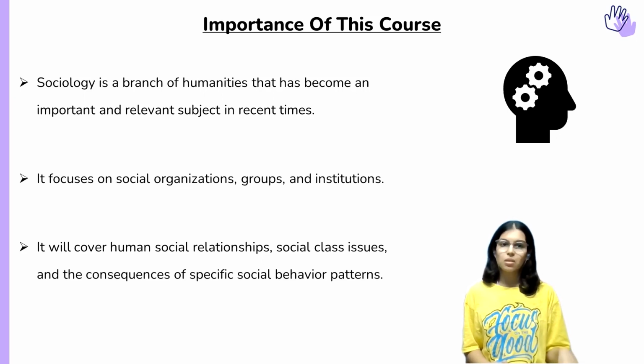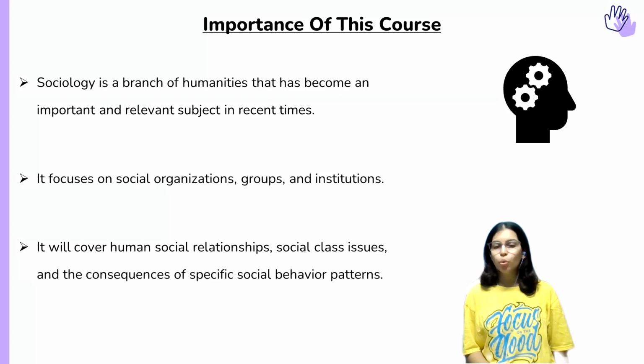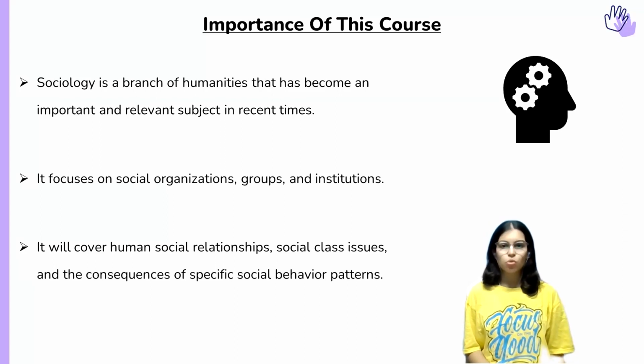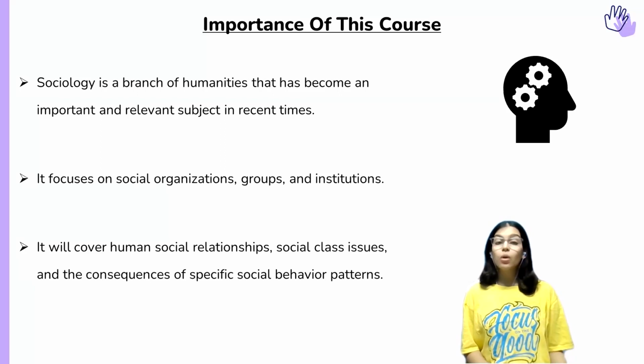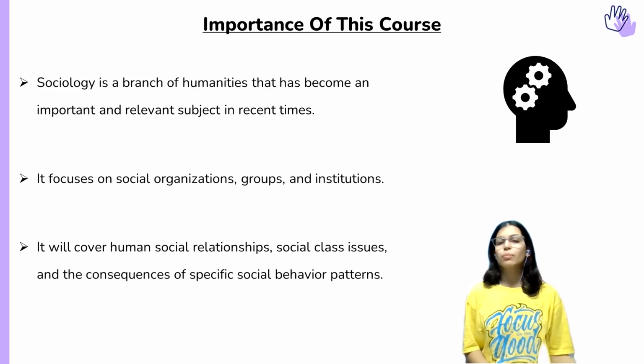So this course basically will make you familiar with the subject and the topics inside it. Then it focuses on social organizations, groups, and institutions. And third, it will cover human social relationships, social class issues, and the consequences of specific social behavior patterns.